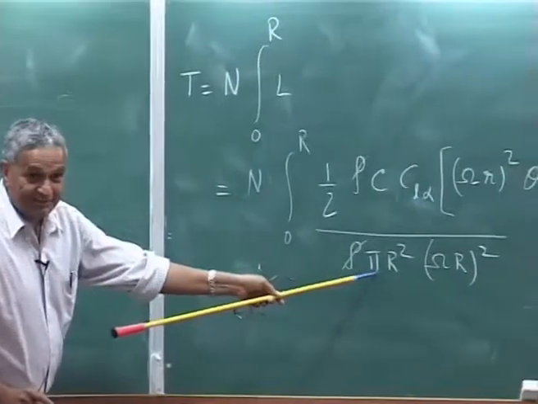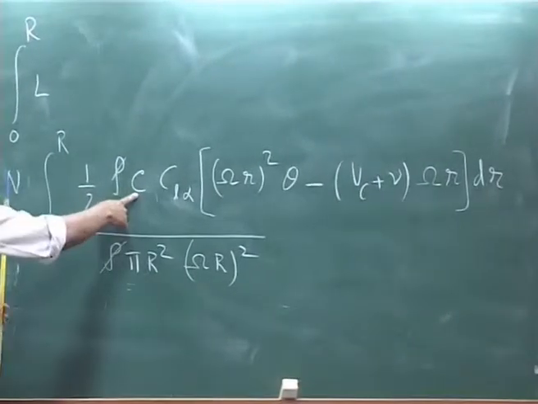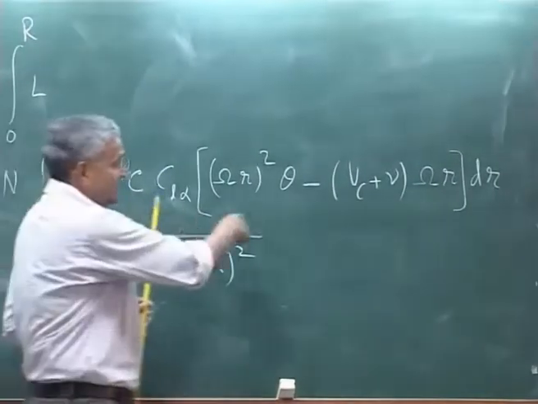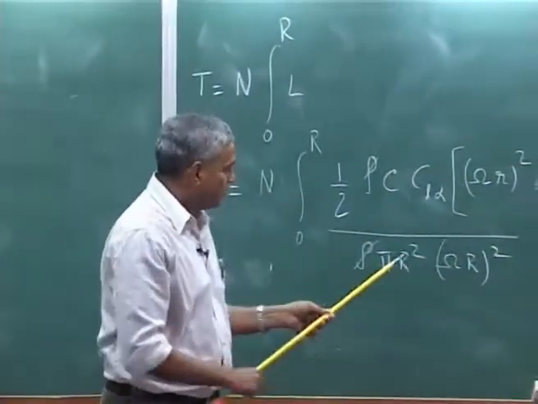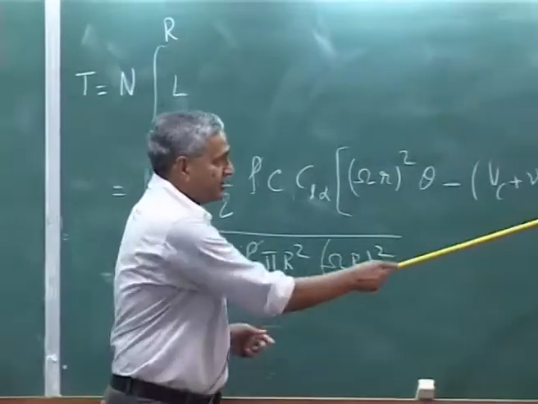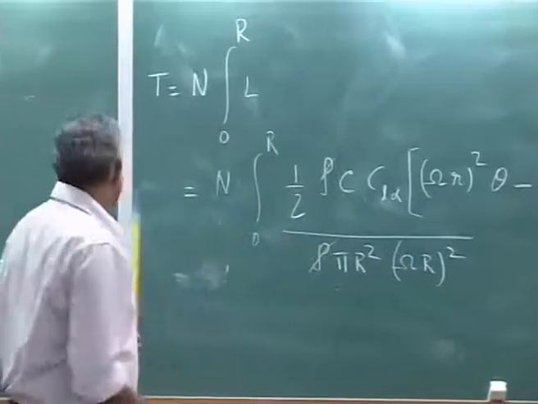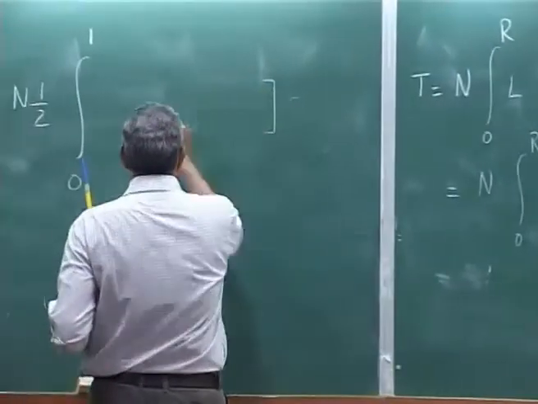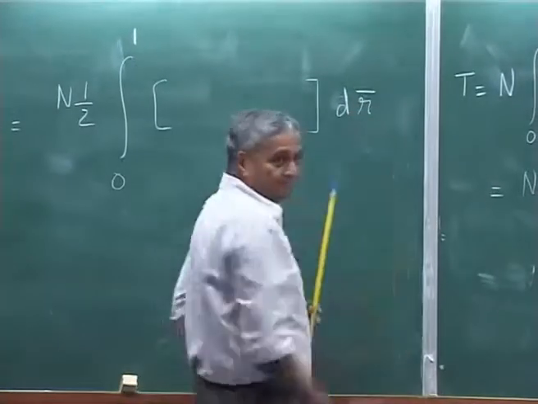because pi R square is there, okay. There is a c, there is a dr. So, one of the R you take to this, that will become r bar. I will make this bracket here, this will be d r bar.